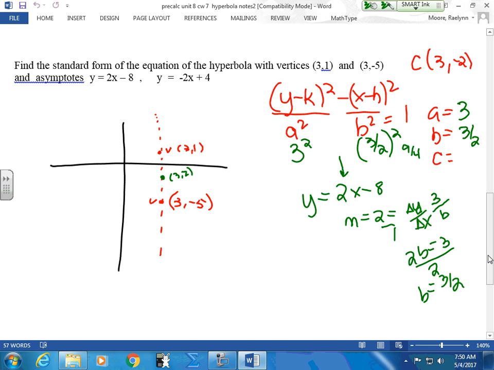You got to put 4 on the top. It's like multiplying both top and bottom by 4. So you're going to get y plus 2 squared over 9 minus x minus 3 squared over 4. This is going to have a 4 here and a 9 here, because you got to take both of these, square them, and flip them over.